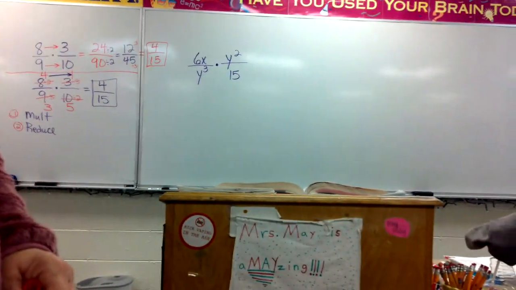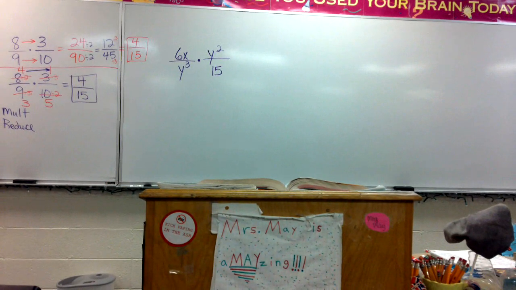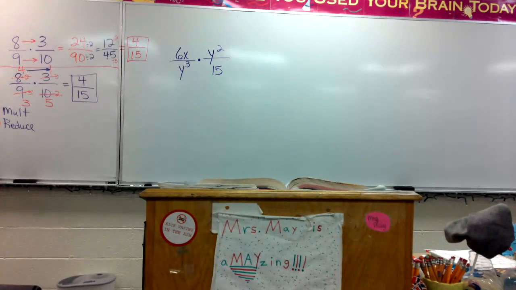So it's probably going to be easiest for you to reduce first and then multiply. So what would you do if you reduced it first?